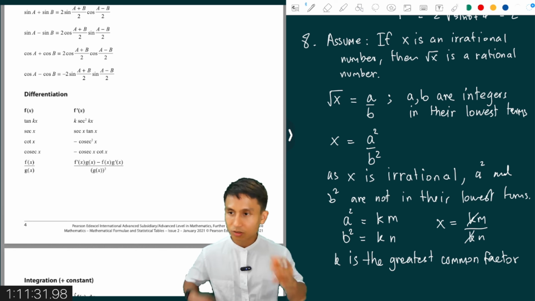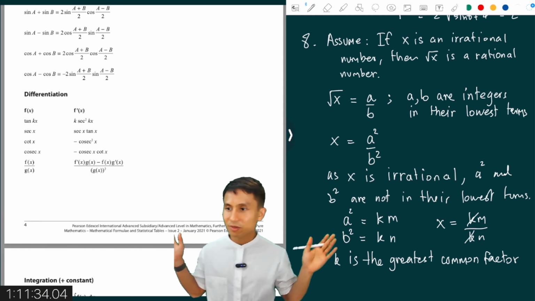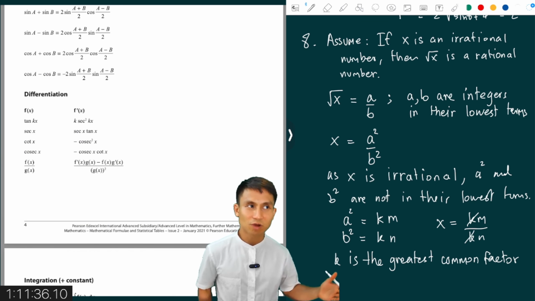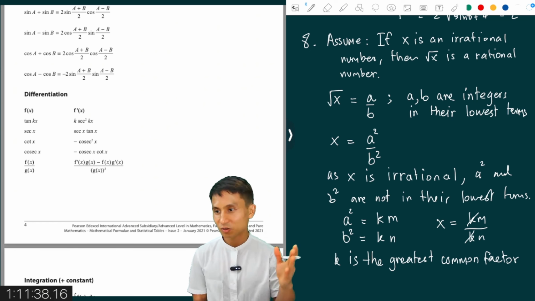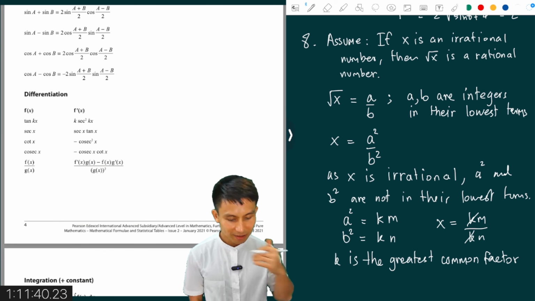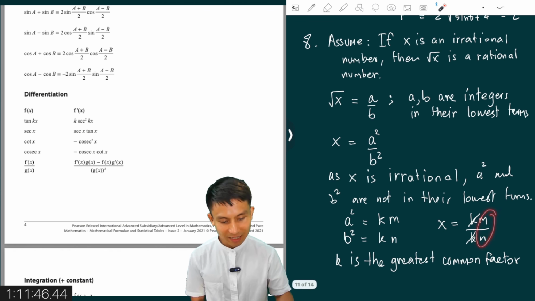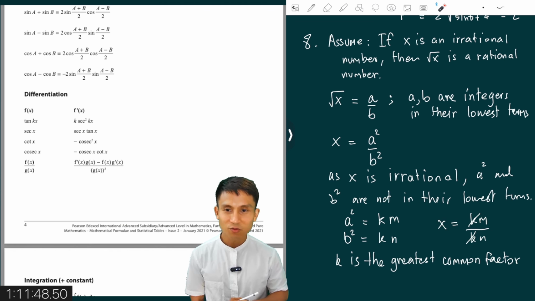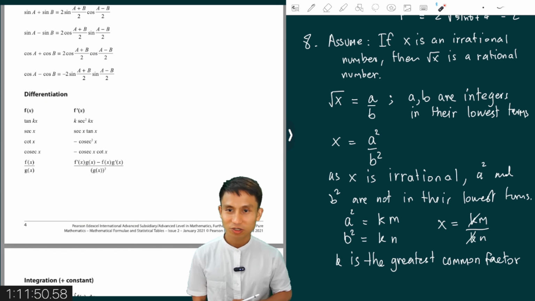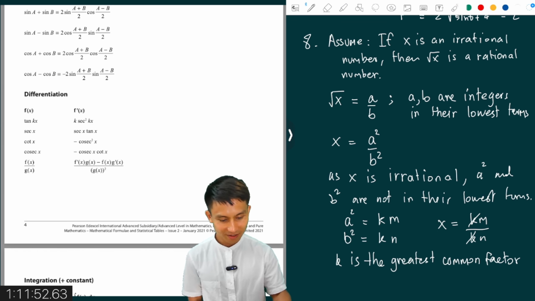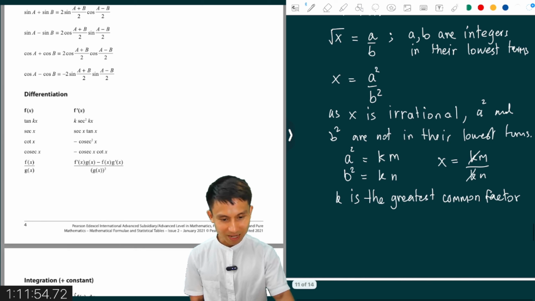When you have some irrational, which is the opposite to rational, you can simplify the fraction using the greatest common factor. So when you cut that out, you get m over n. And now m over n should be in their lowest terms. And that is saying x is a rational number, which it isn't. Right? I'm just playing around with it here.